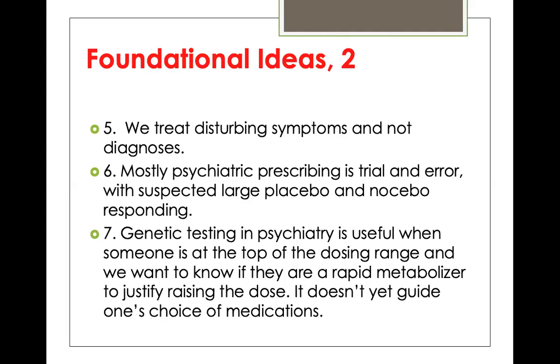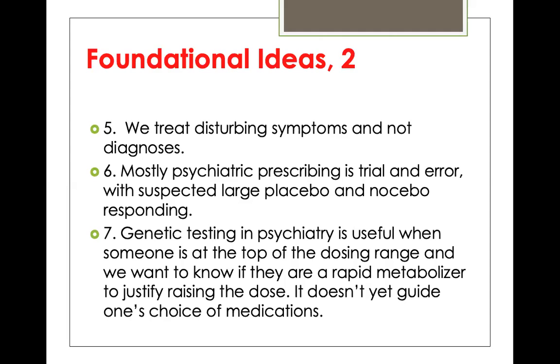The sixth foundational idea is that mostly psychiatric prescribing is trial and error. And there's no perfect algorithm for prescribing. Now, the best algorithms come from Texas. They are the Texas medication prescribing algorithms.